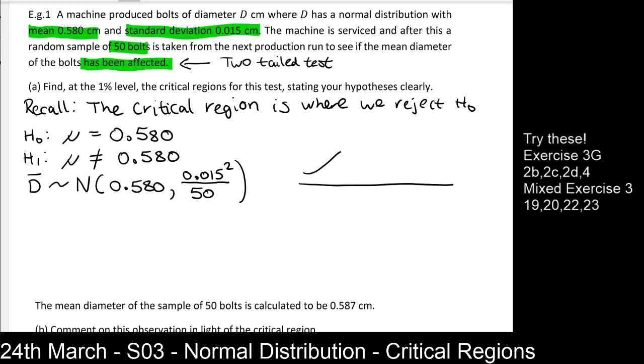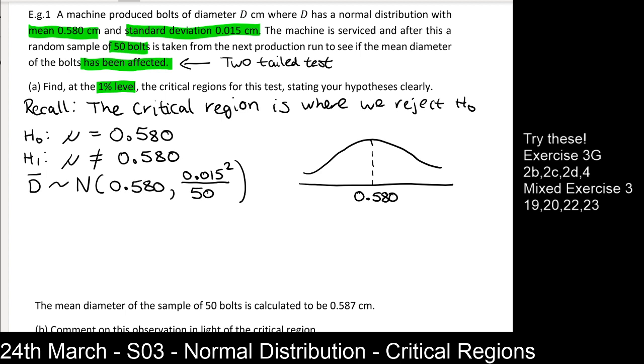So let's draw a sketch though, because I think it makes more sense what's happening here when we've got a sketch. So we believe the mean to be 0.580. Now, I've got a 1% significance level, but I'm looking for the change in either direction. So basically there's a 1% chance I could be wrong to reject the null hypothesis.